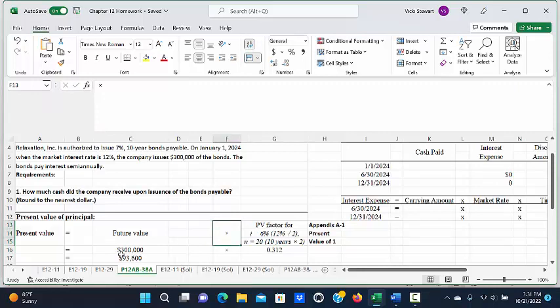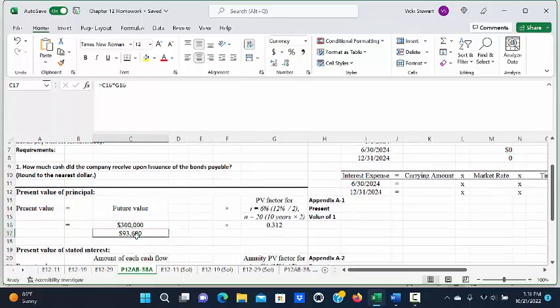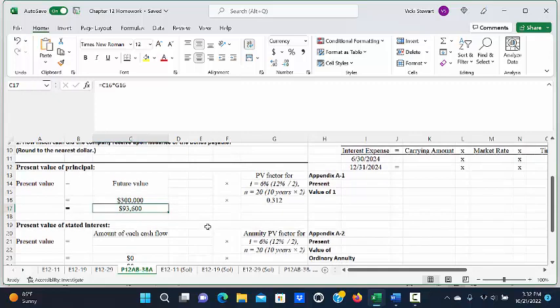When we multiply that by the face amount of the bonds, $300,000, we get the present value of the bonds at the market rate of 12%, which is $93,600.